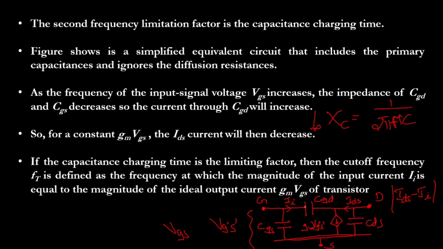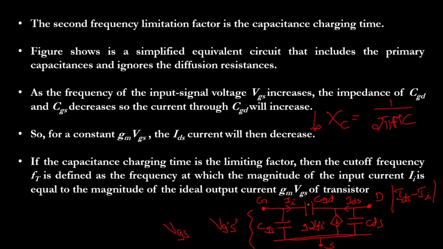So if the capacitance charging time is the limiting factor, then the cutoff frequency can be defined as the frequency at which the magnitude of input current II is equal to the magnitude of ideal output current GM VGS of the transistor.